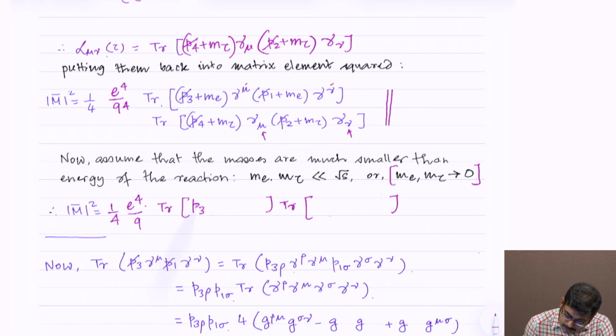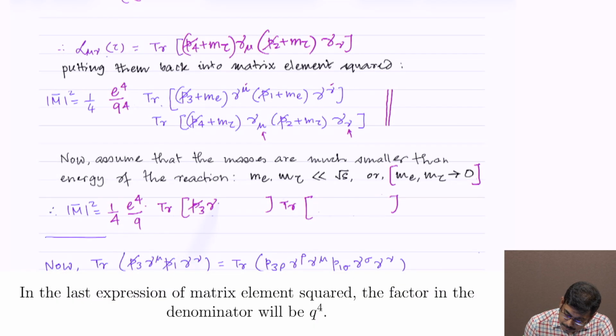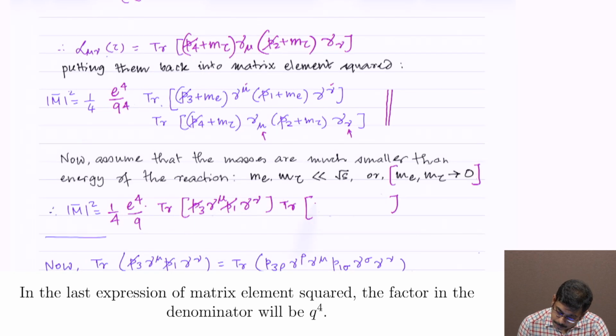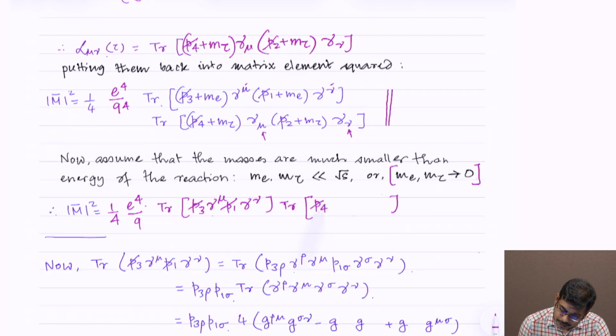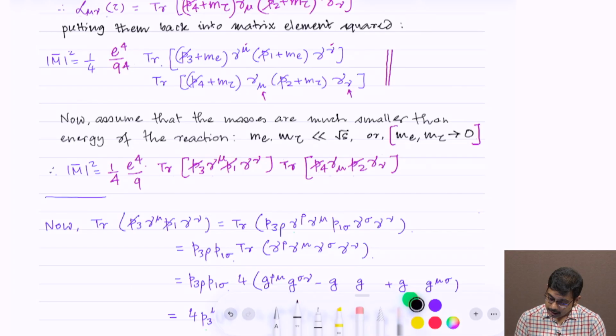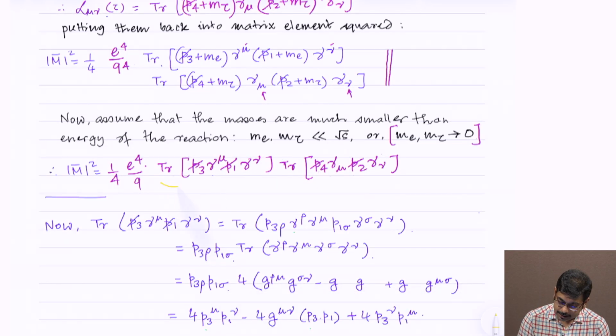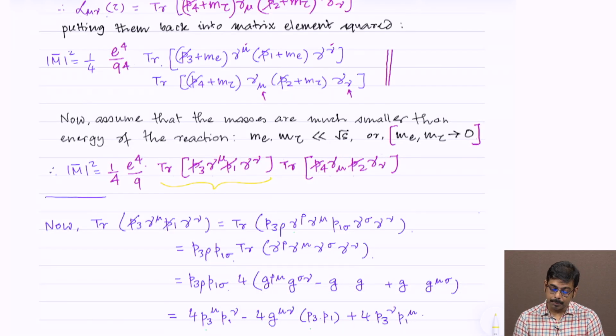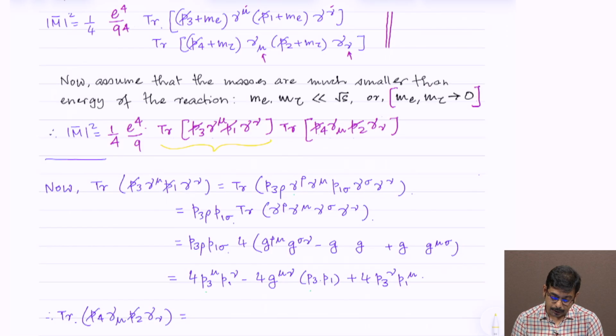This becomes trace of P3 slash gamma mu P1 slash gamma nu, and trace of P4 slash gamma mu P2 slash gamma nu. Okay. So now it's the turn that we have to calculate these individual traces, like P3 slash gamma mu P1 slash gamma nu. We have to calculate this.